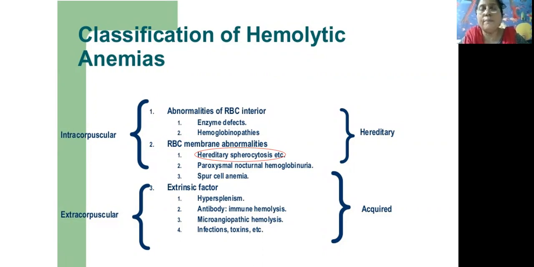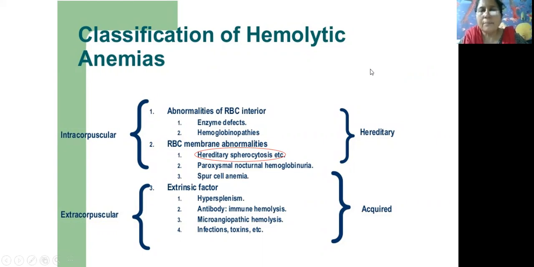I told you in the first slide. One of you can unmute and tell the three things in the RBC. Nobody is here. One of you can tell. Membrane.